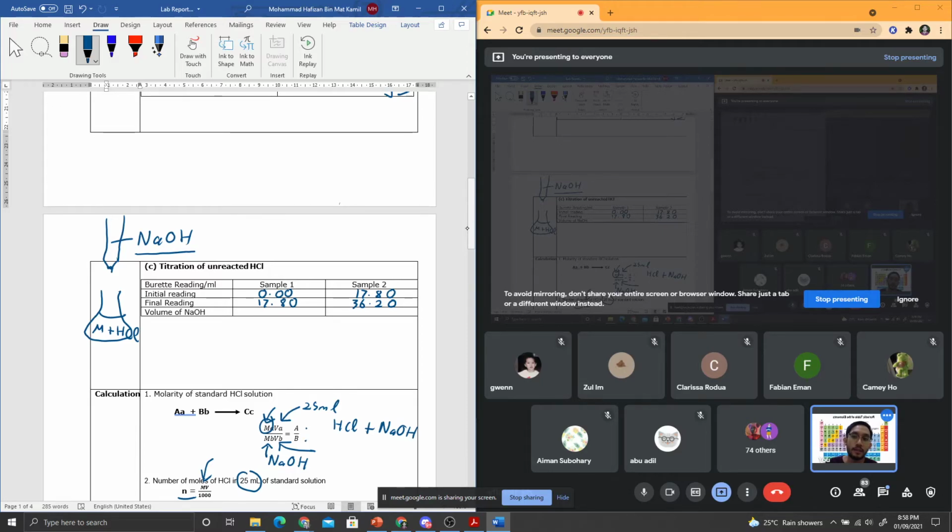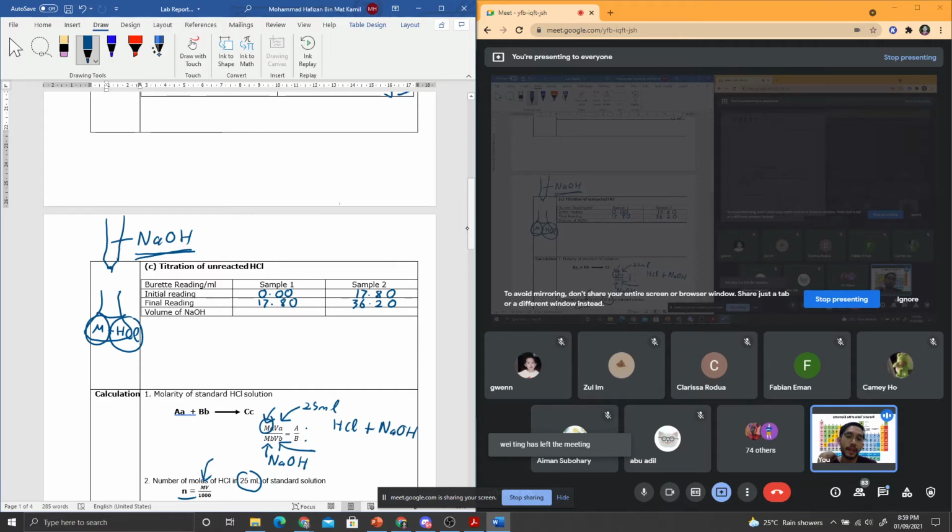So berapa banyak yang kita guna NaOH untuk stabilize the HCl, itulah berapa banyak moles HCl yang tak react dengan metals. Maksudnya dalam ni kita letak metal and hydrochloric acid react kan, obviously akan ada lebih hydrochloric acid lain kan yang tak react. Yang lebih-lebih itulah yang akan react dengan NaOH.